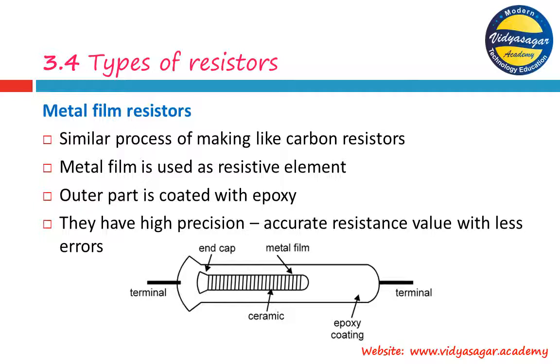The outer part of this resistor is coated with epoxy to avoid any type of electrical contact within the circuit, connected in a complicated circuit or in a very thick or crowded type of circuit. It will not have any contact with its body. They are very high precision and accurate resistors with quite less errors.